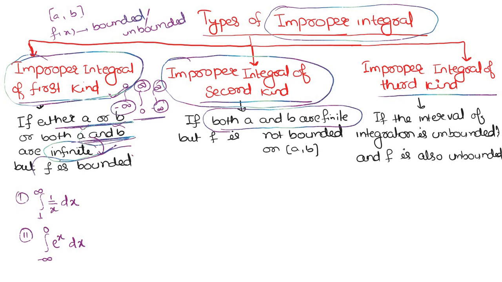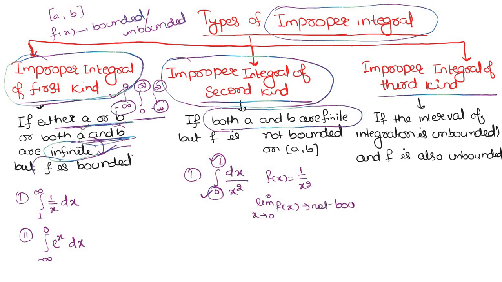The first example is the integral from 0 to 1 of dx upon x square. Here you can see that these two limits a and b are finite, but the function f(x) equals 1 upon x square, in the neighborhood of 0, that is, as x tends to 0, f(x) is not bounded.